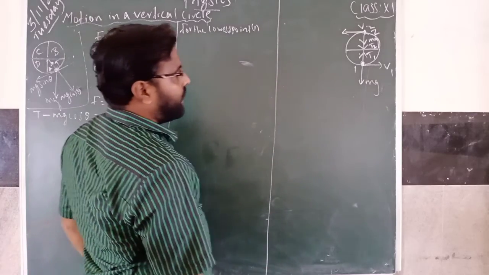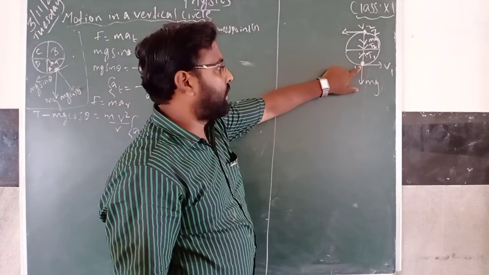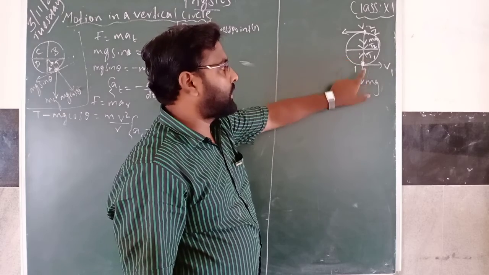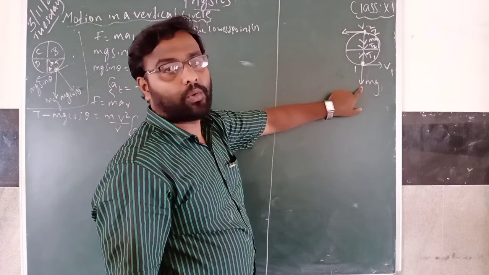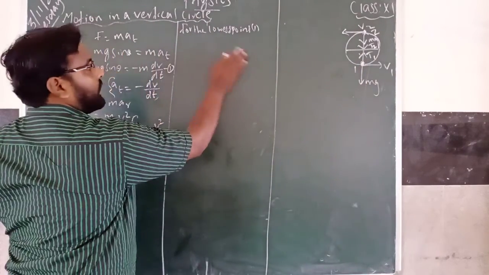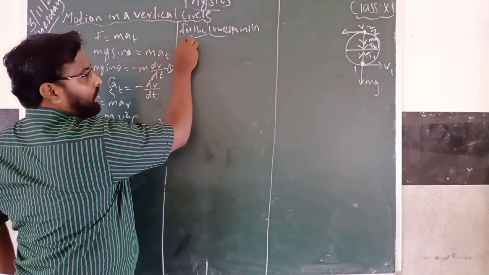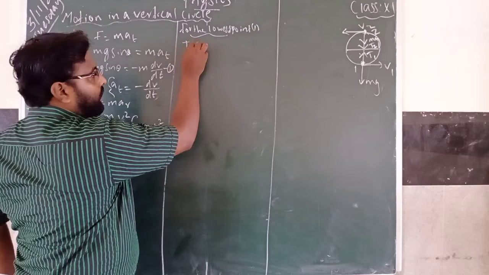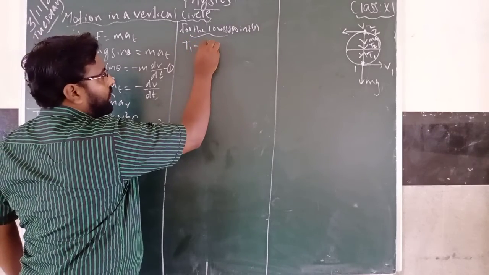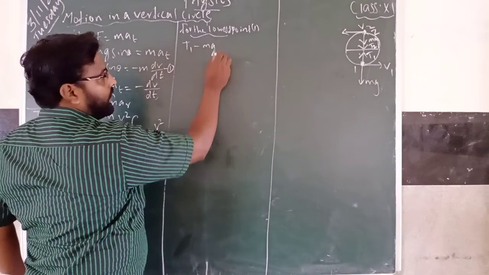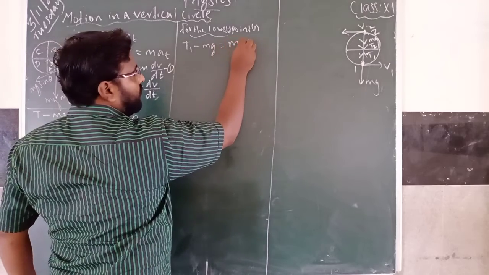For the lowest point 1, this is the lowest point now. T1 is acting opposite to mg. So Newton's second law we can write, F is equal to ma. We can write T1 opposite to mg equal to m a.